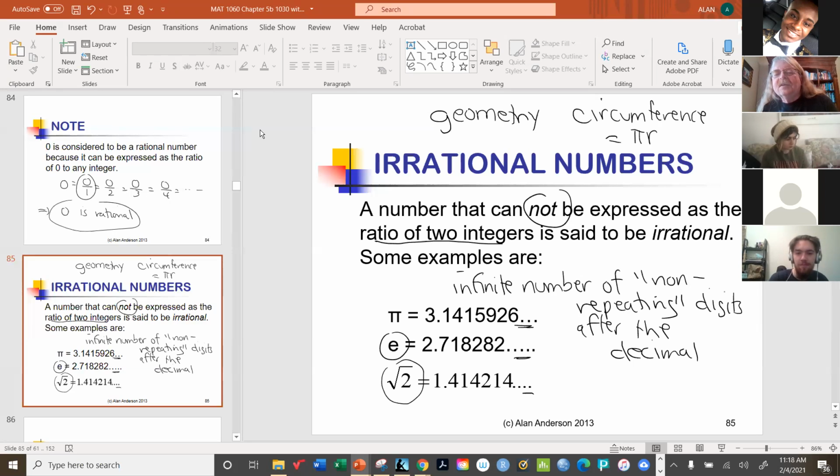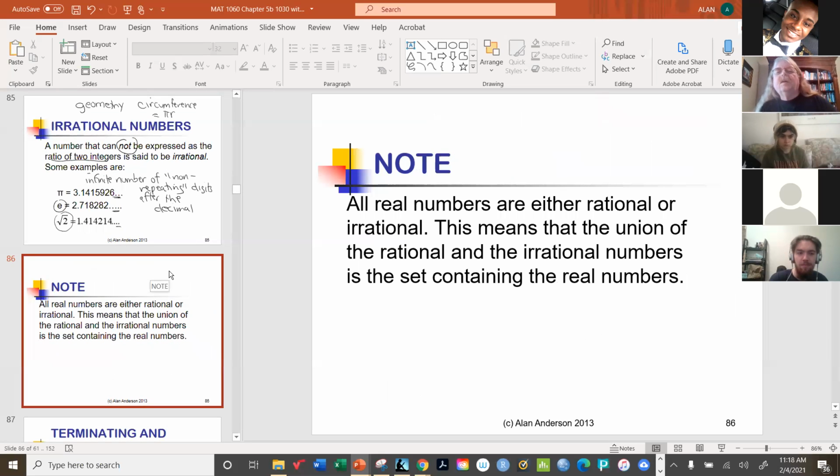So irrational numbers are the ones that we cannot express as a ratio. Now, it turns out that all real numbers are either rational or irrational. So watch what I'm going to do here.